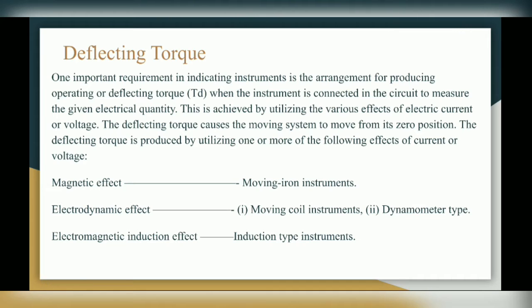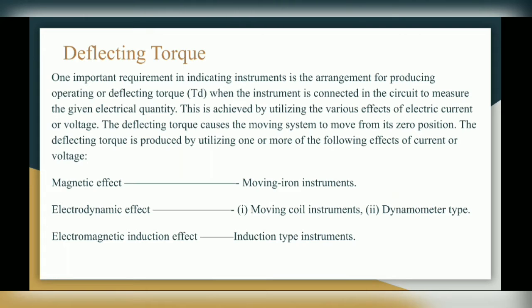The deflecting torque causes the moving system to move from its zero position. So basically, deflecting torque is the torque which moves the pointer from its zero position, and this is achieved by using various effects of current or voltage.